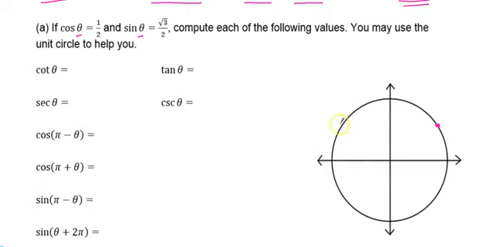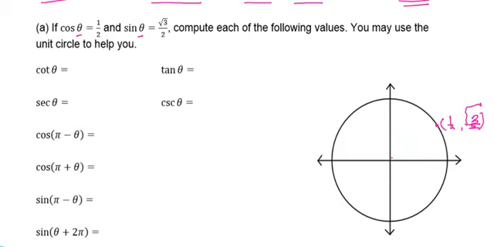So let's take a look at this. This is my first quadrant. Cosine is 1/2 on this side, and sine is √3/2.